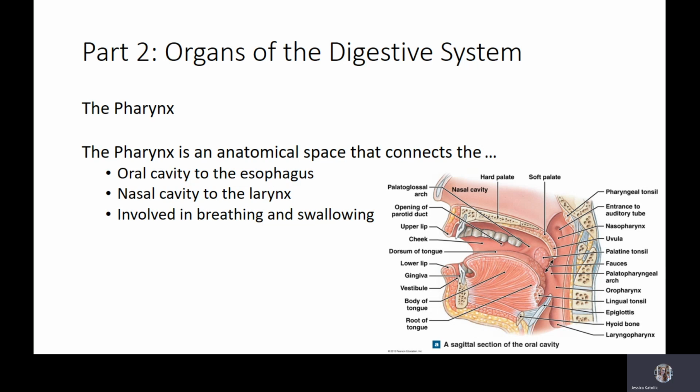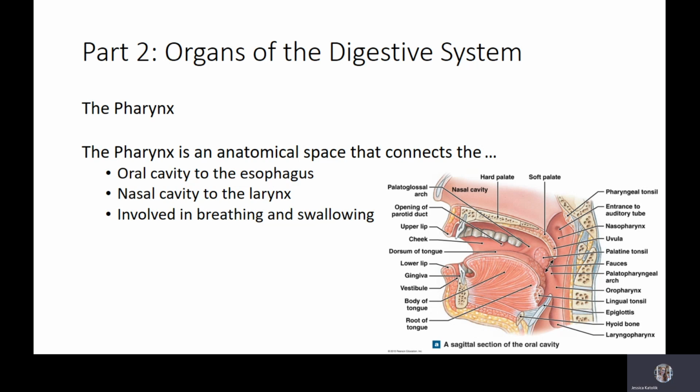And so this is one of the reasons why the pharynx is a little bit different based on its tissue structure. Most of the respiratory tract is going to be coated in ciliated pseudostratified columnar cells, which makes sense because the cilia is going to be used to sweep out mucus and debris.